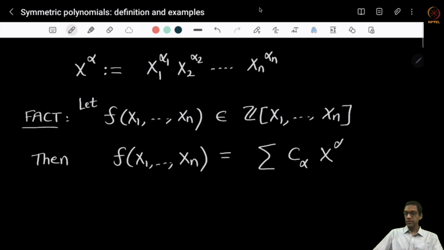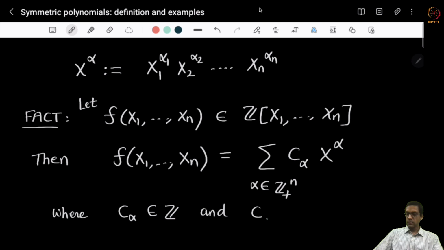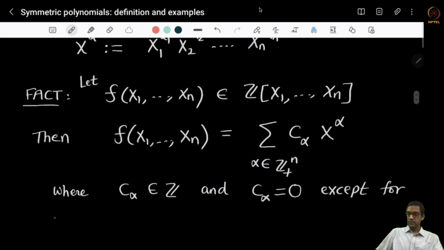It's a linear combination, sum of c alpha x to the alpha, where alpha runs over the possible multi-indices in Z plus power n, and where the c alphas are all integers, and c alpha is 0 except for finitely many multi-indices alpha.